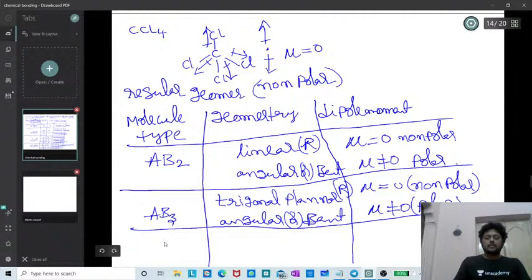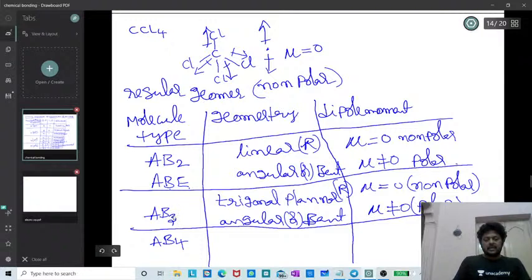Next, AB4 type. Actually it is AB2E, one bond pair, one lone pair.